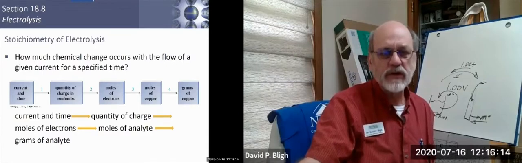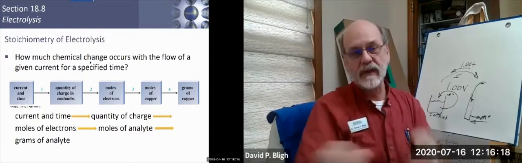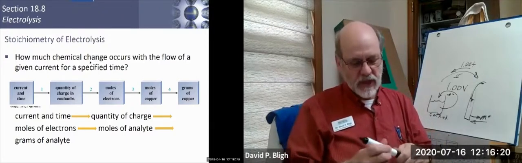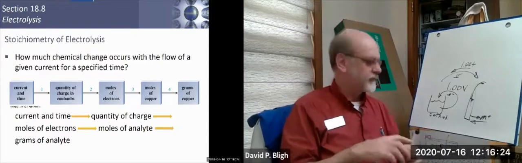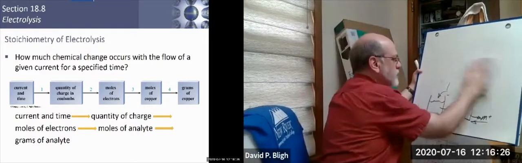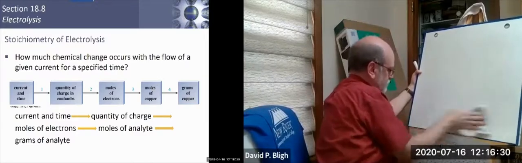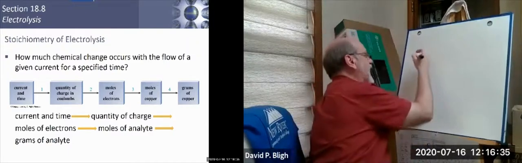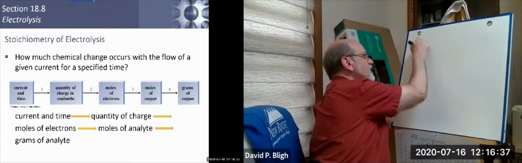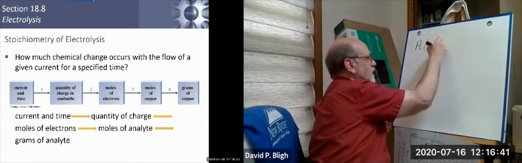So in order to do the stoichiometry of electrolysis, you typically need to know what's the current. And we didn't mention that before, but I'm going to mention it now. Current is measured in amps, abbreviated A, and this stands for amperes.